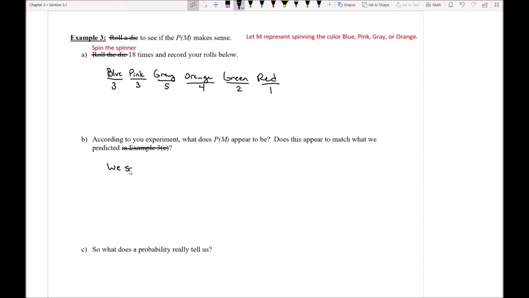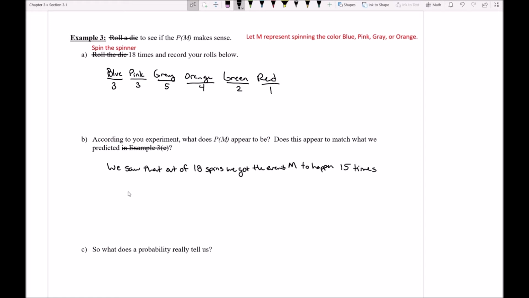So I'll say here that we saw that out of 18 spins, we got the event m to happen. Let's see, how many total times? Looks like 6, 11, 15 times.